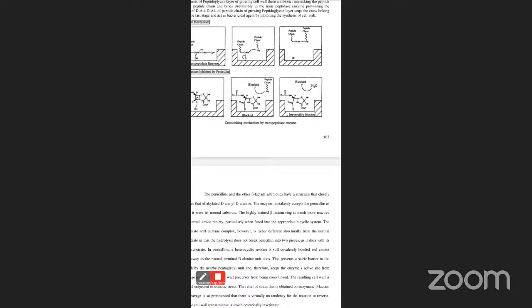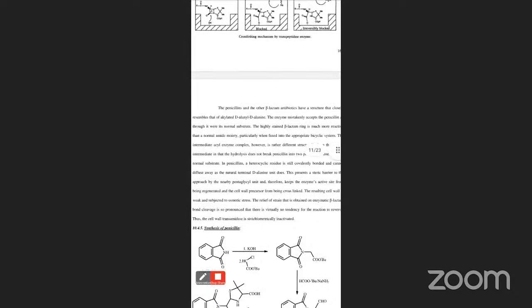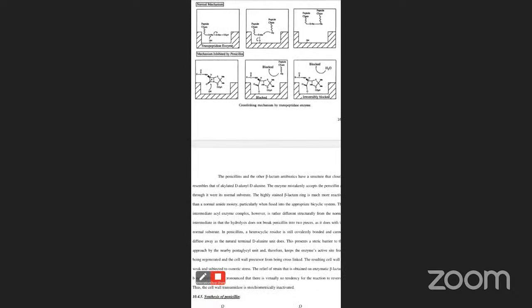Next, penicillin synthesis, very important here. How is penicillin synthesized? Very simple: we take thalidomide as the starting material, and very simple reagents are used to synthesize the penicillins.